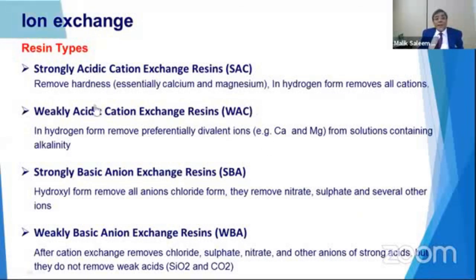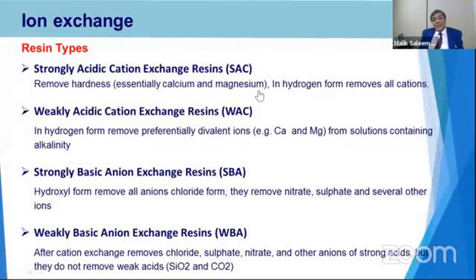Now we have different types of resins available in the market. Strong acid cation resins remove the hardness, like calcium and magnesium. If they are in hydrogen form, they remove the cations. These are just for your information, so that you are familiar with these resins when we discuss them in our ion exchange or demineralization module.